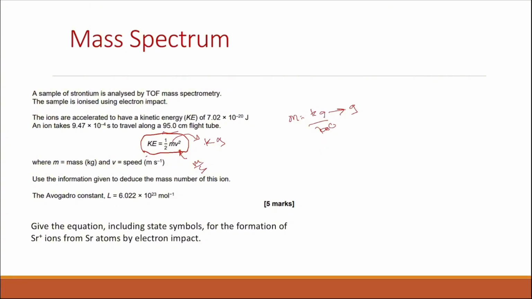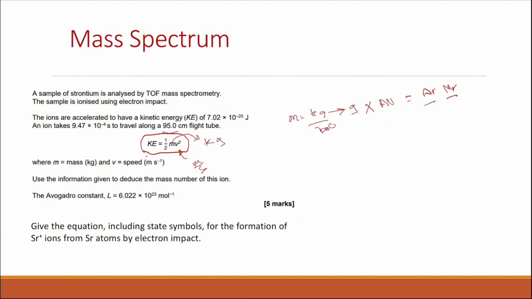The mass of 1 mole is basically the mass of the particle, whether it's an atomic mass or molecular mass. So multiply the mass of one particle by the Avogadro constant, and that will give you the Ar or the Mr, depending on whether it's actually an atom or a compound.